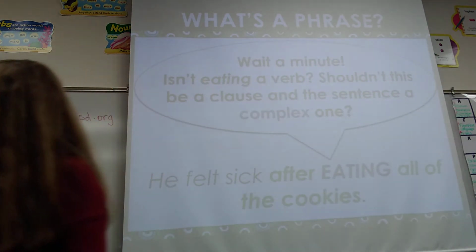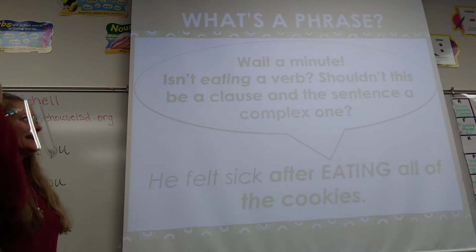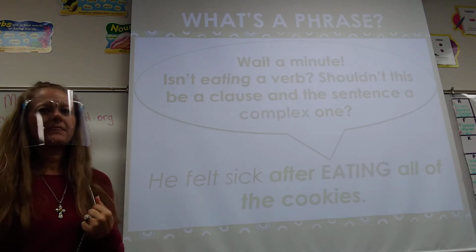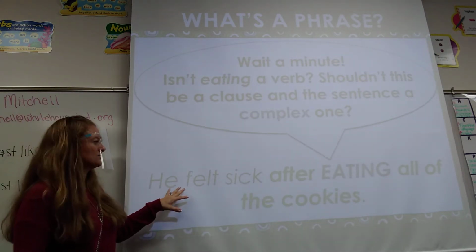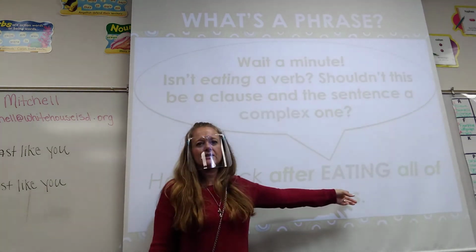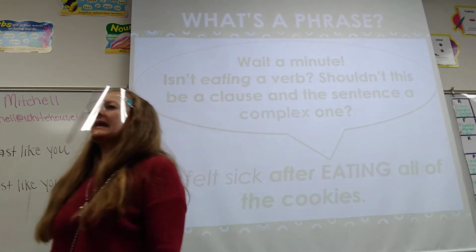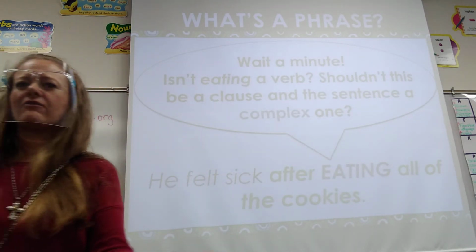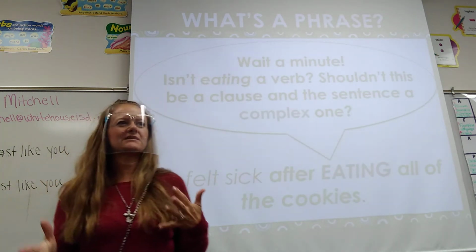So yesterday we were talking about simple sentences and adding a phrase to them. Looking at yesterday's phrases, one of the phrases was after eating all the cookies. And so you might look at eating and say, well, isn't eating a verb? Okay, it is, but our English language likes to have 1,000 different rules and different scenarios.